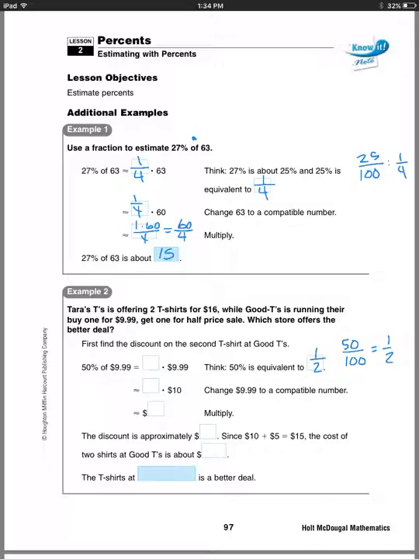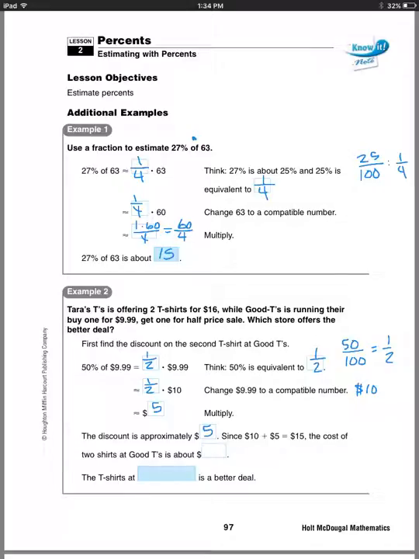We need to change $9.99 to a compatible number. A compatible number in this case is $10 because it rounds perfectly to $10. So we take 1/2 of $9.99, which is hard, but 1/2 of $10 is easy because it's 5. The discount is approximately $5.